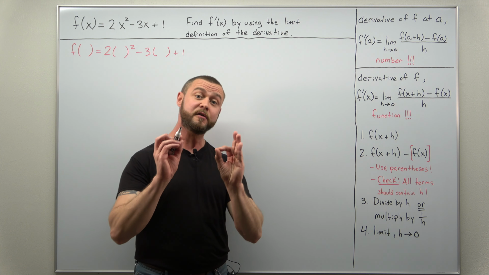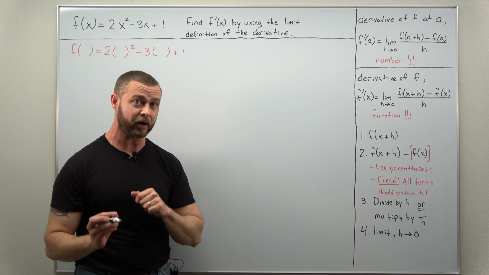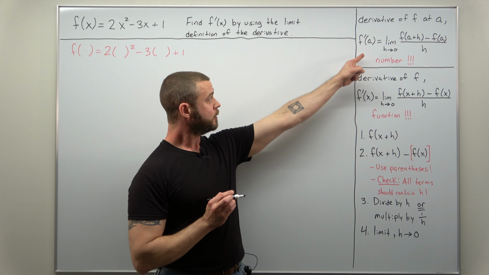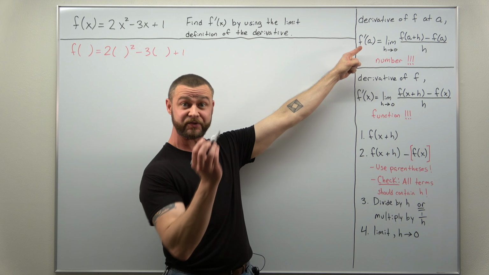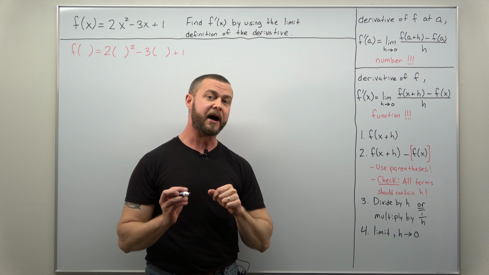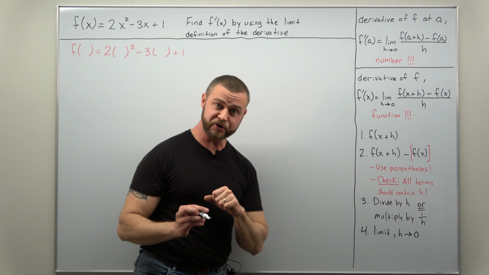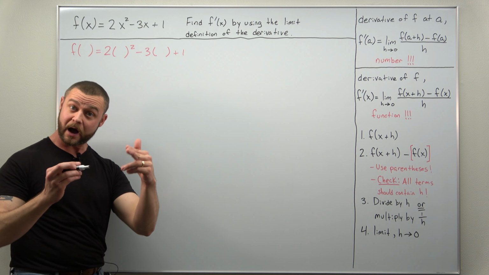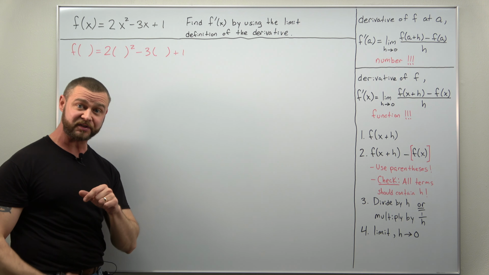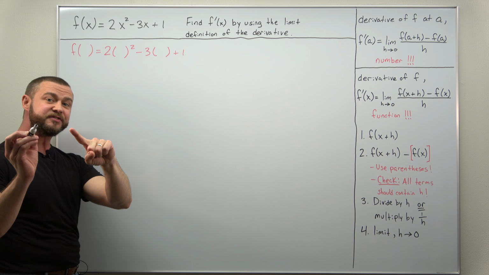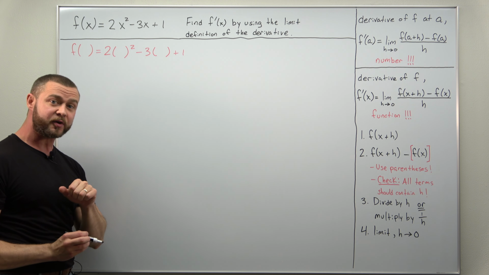All right, now if you're finding yourself having trouble getting started, there's a video linked down below in the description with some tips, from the steps and tips for the limit definition of a function at a point, and those still apply. One of the tips we mentioned in there, in case you aren't sure how to plug in x plus h, is to take your function and replace all x's everywhere with an open set of parentheses.